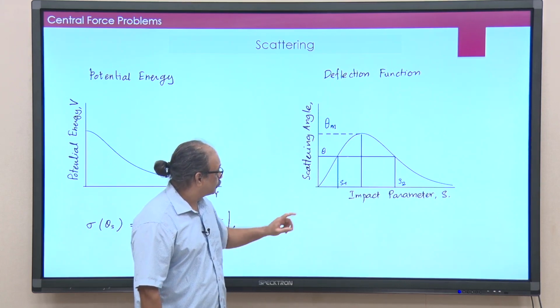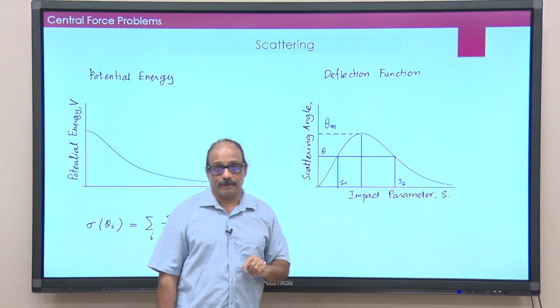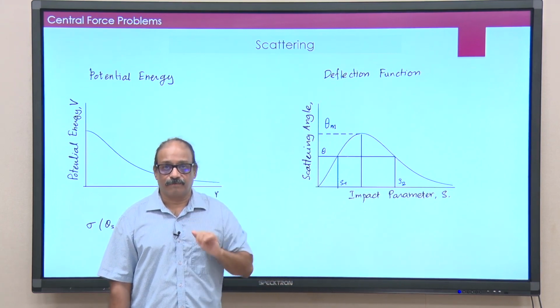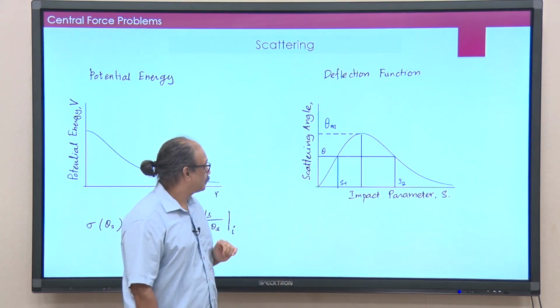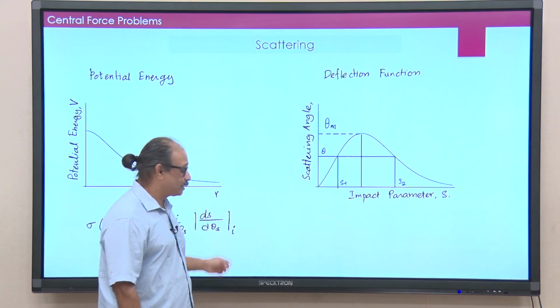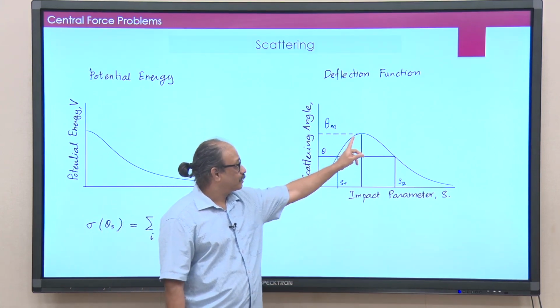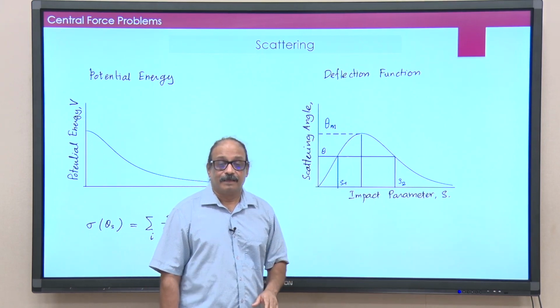Okay. But there is one more interesting feature to this graph here. Look at this graph. What happens at theta m? At theta m, the curve is flat. What does that tell you about d theta by ds? It is 0 here. What will happen to ds by d theta? It becomes infinite. So, what will happen to the scattering cross section?